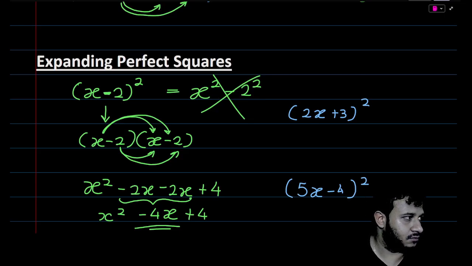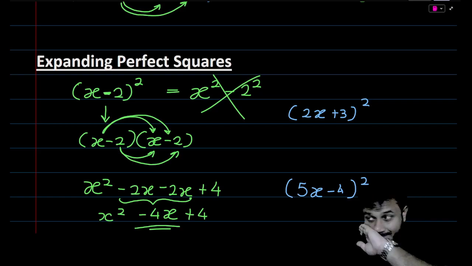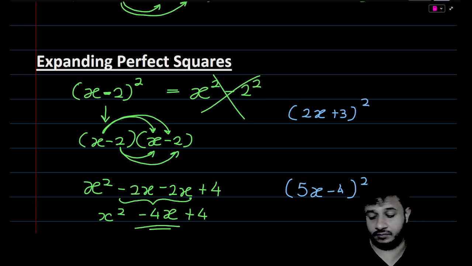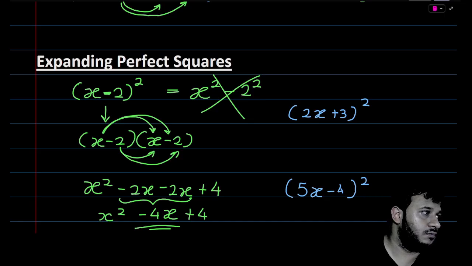Then 2x squared negative 40x plus 16. Sorry? I'm checking one thing. No, wait, I think... one sec. 25x squared. I keep making the same mistake.